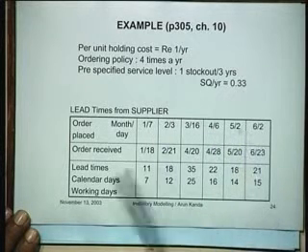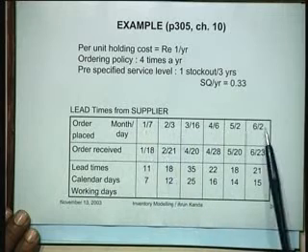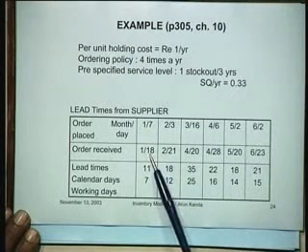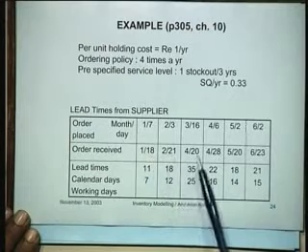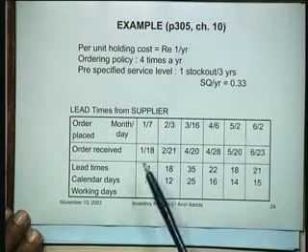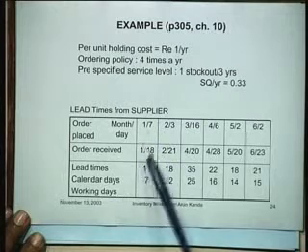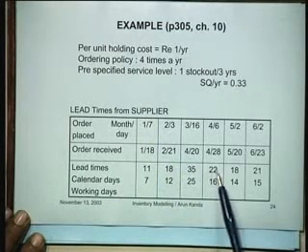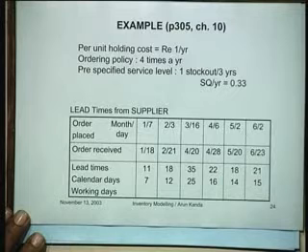Suppose these were the dates on which the orders were placed. And the orders were received on 18-1, 21-2, etc. So you have this record available. The difference of these two will give you an idea of the lead time. So the lead time in this situation was 11. And this time it was 18, 35, 22, 18, 21.